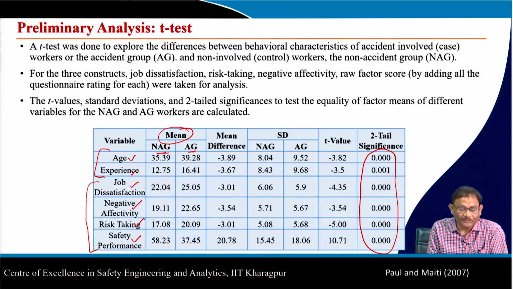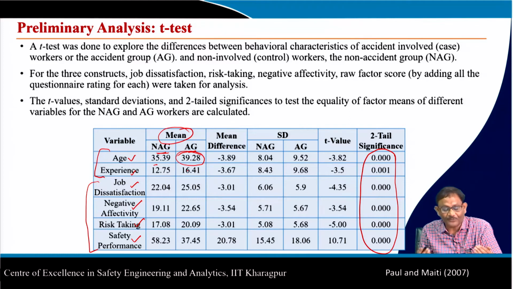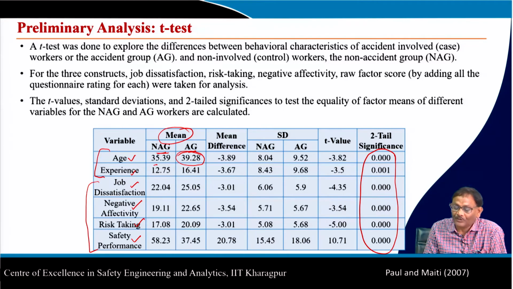What we can find out here, from the age point of view, is that the accident group are older, 39 and 35. So if we do individual analysis from the age point of view, we can conclude that higher age group people are having more experience, more injuries or some kind of things.